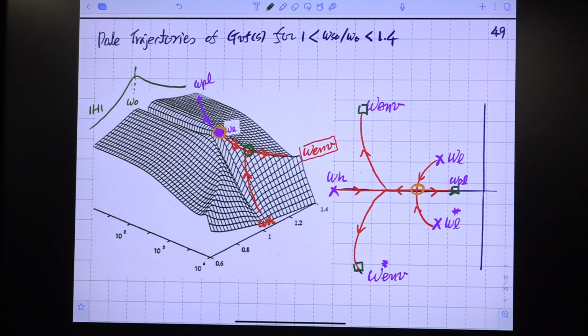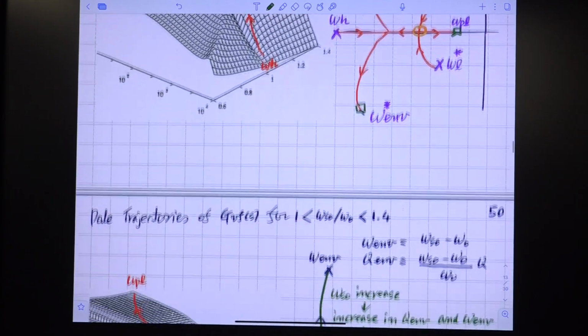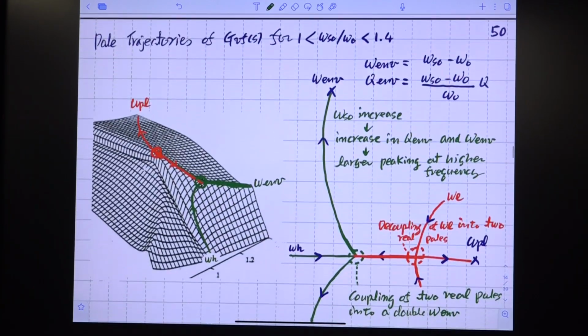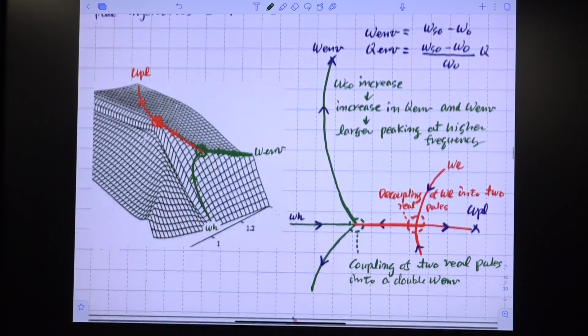Is this okay with you? Otherwise, take a look at this, then it can be understood. There are many alternative interpretations of this curve, so eventually you will understand everything. So this is the detailed description of that.